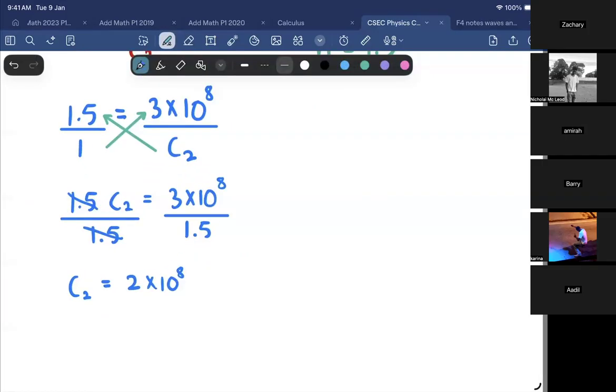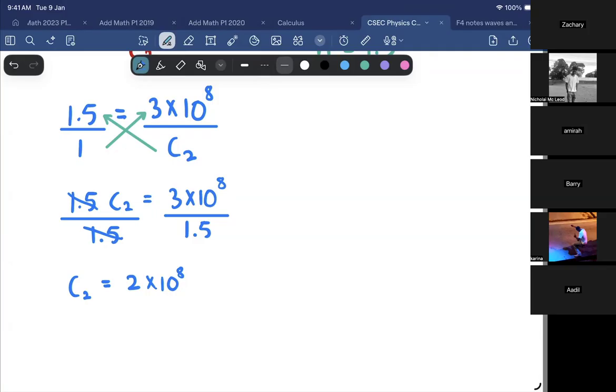What are the units for speed, Sasha? What are the units for speed? Is it V equals U?